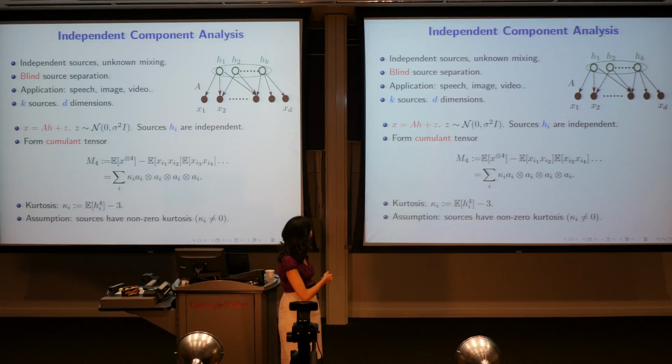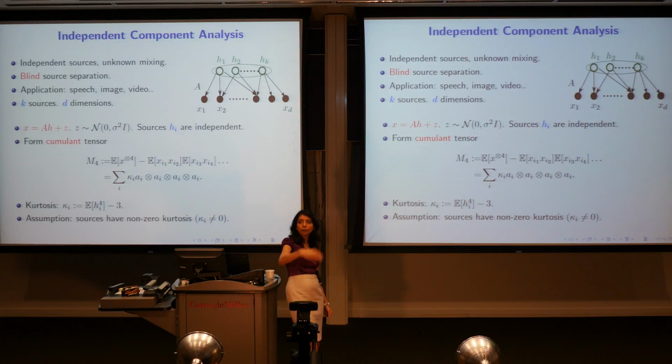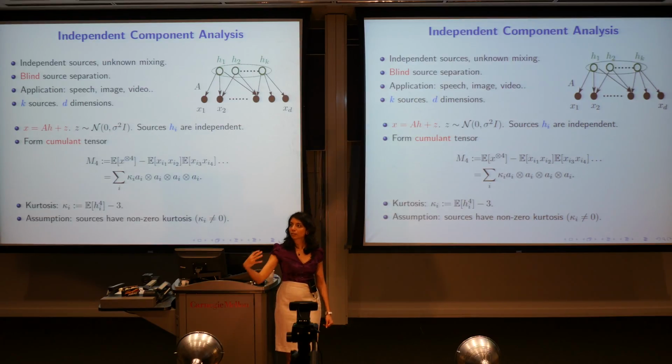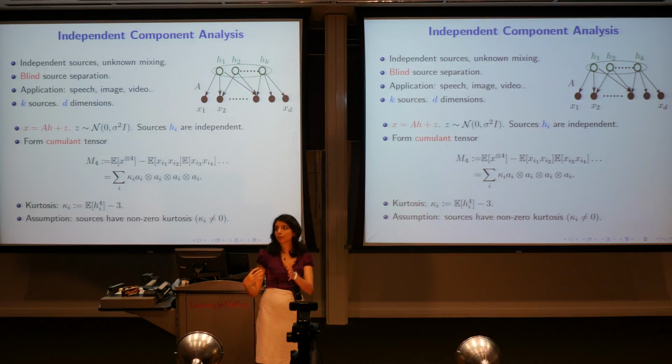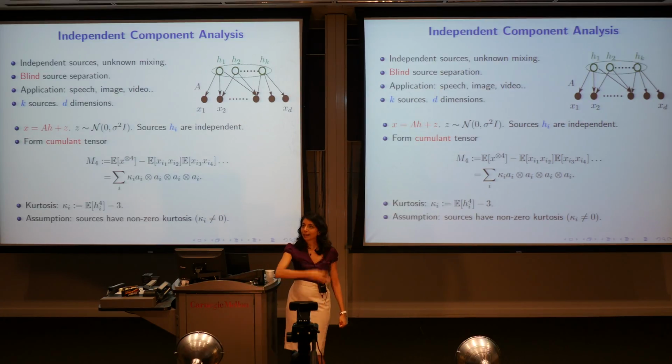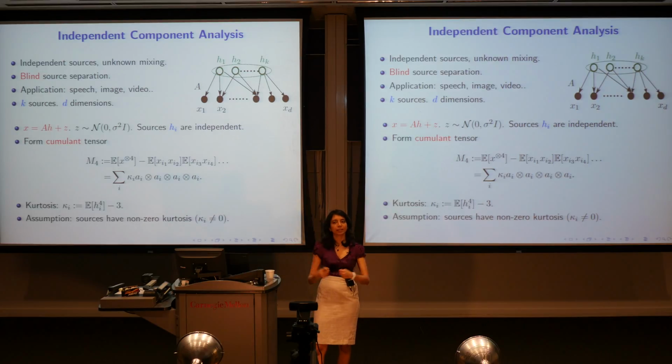And the model for this is that my observation is a combination of these unknown sources. H1 through HK are the sources, and A1 through AK are these mixing vectors.